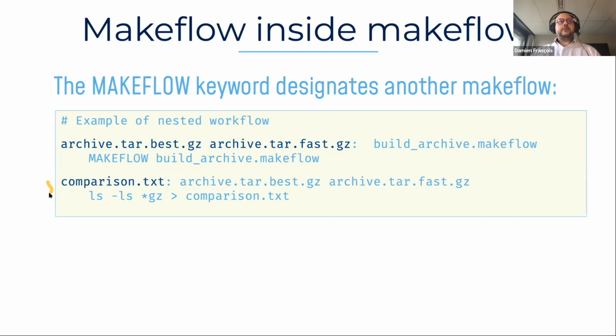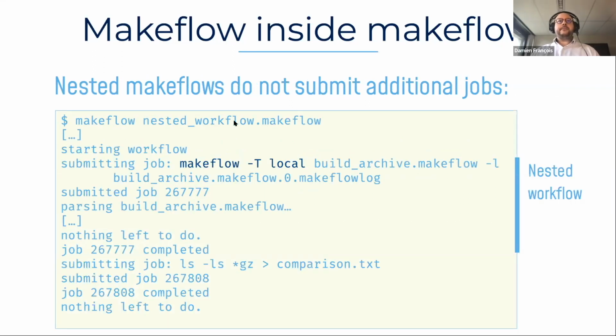And you see a second rule that creates a comparison.txt file based on the 2 files that are generated by this Makeflow file, and I do a comparison of the sizes of the files, just for the sake of the illustration.